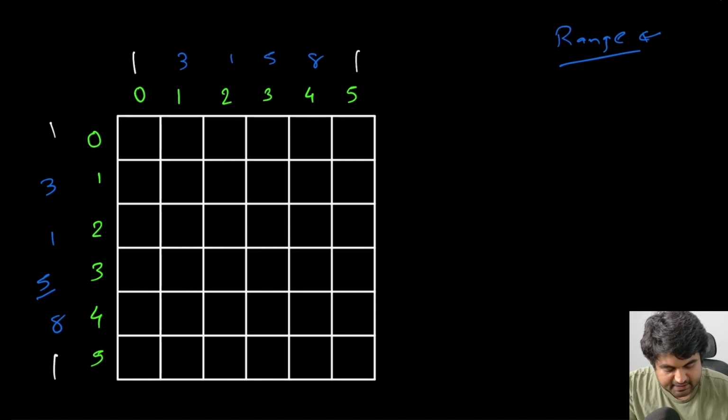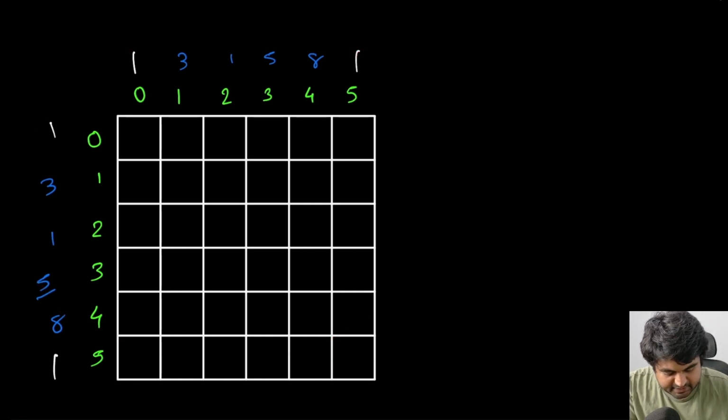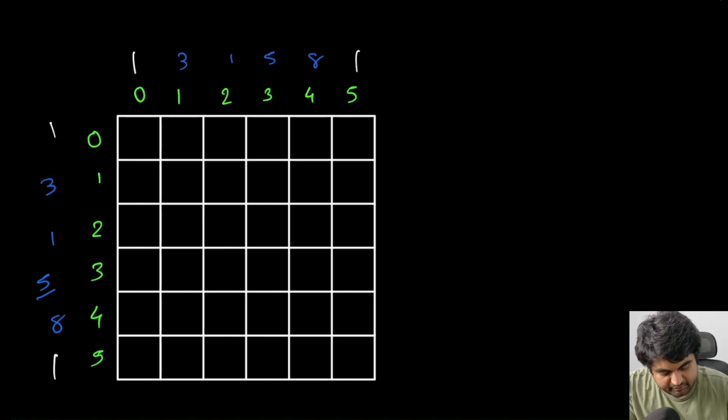Now in this case we'll require a 2 by 2 matrix. Notice in the 2 by 2 matrix I'm using the same example we used, 3, 1, 5, 8, but we have added a 1 at each of the ends. They are just denoted by a different color, and they are to make sure that we have neighboring cells present, but we are always going to be iterating amongst these 4 values.